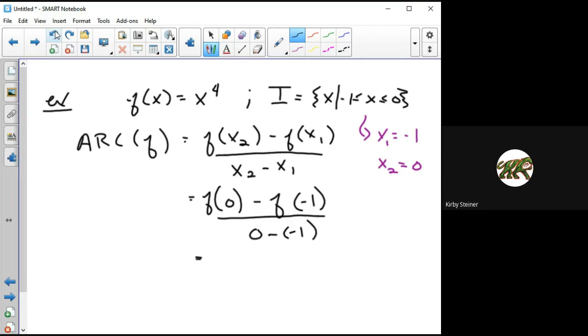So what is f of 0? Our function is x to the fourth, so 0 to the fourth is going to be 0. Minus what is -1 to the fourth? -1 times -1 times -1 times -1 is going to be 1.